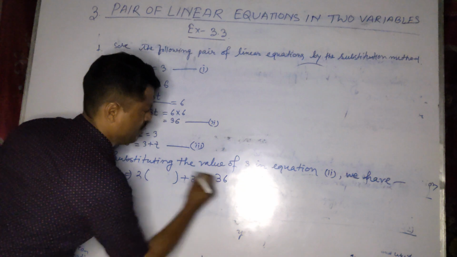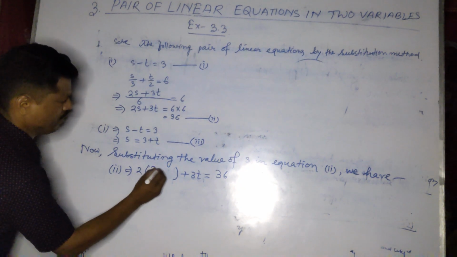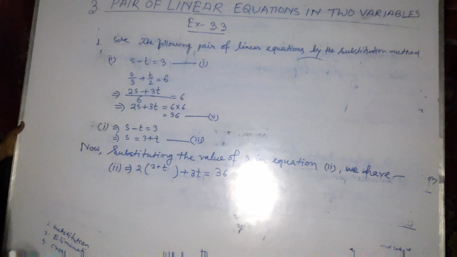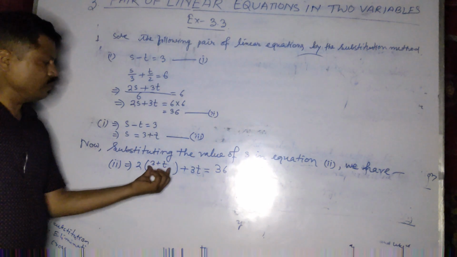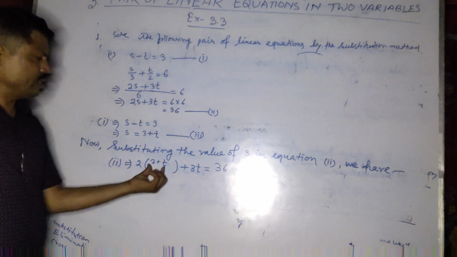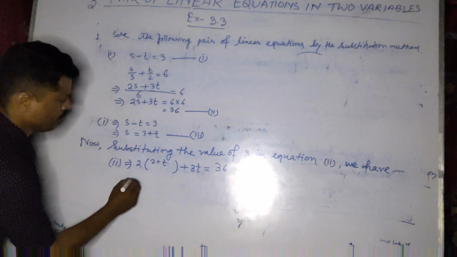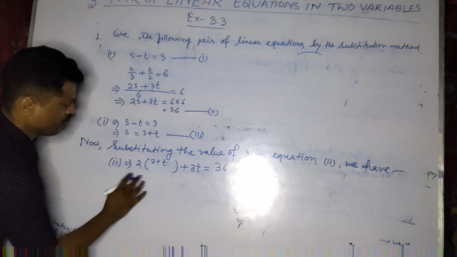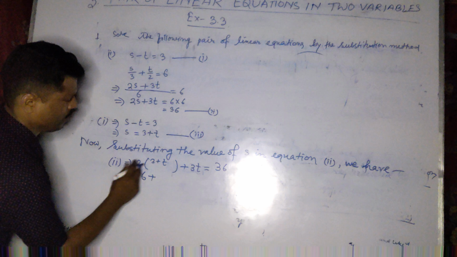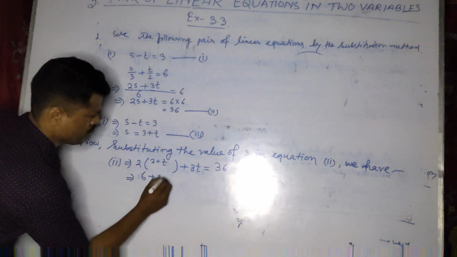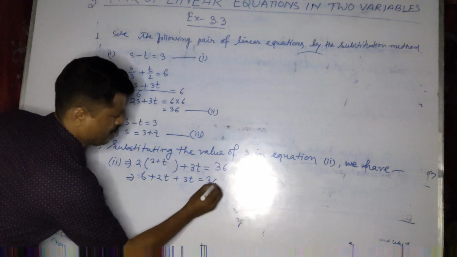The value of s is 3 plus t. We have to put it here in 2s: 2 into, within brackets, 3 plus t, that is the value of s. Now we have to solve this equation. 2 into 3 means 6, plus 2 into t, that is 2t, plus 3t is equal to 36.